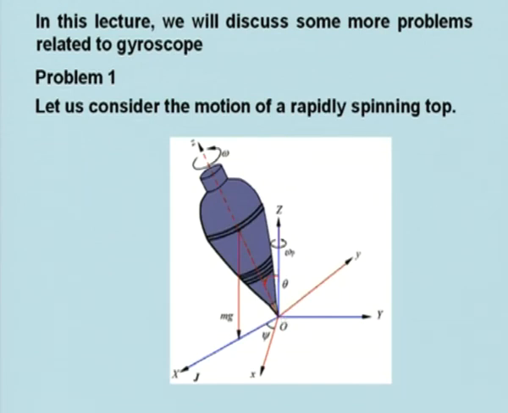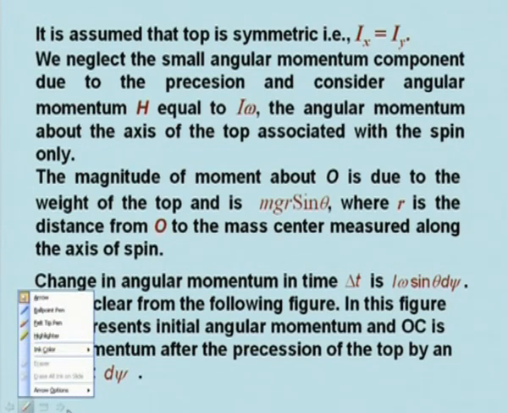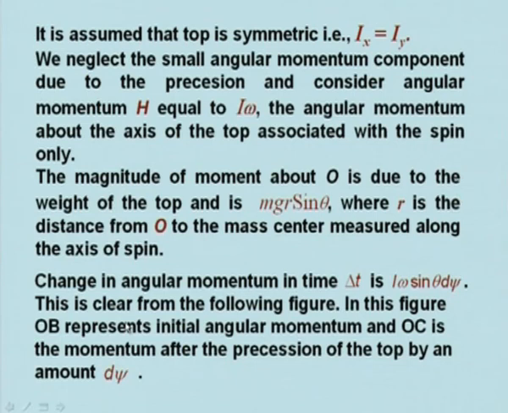So in that case, if it is assumed that the top is symmetric, Ixx is equal to Iyy, then we neglect the small angular momentum component due to the precession and consider angular momentum h equal to I omega, the angular momentum about the axis of the top associated with the spin only.